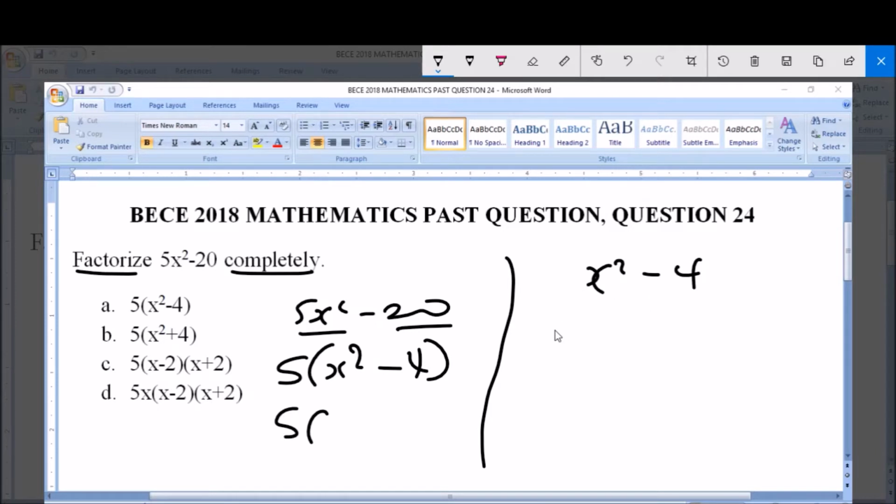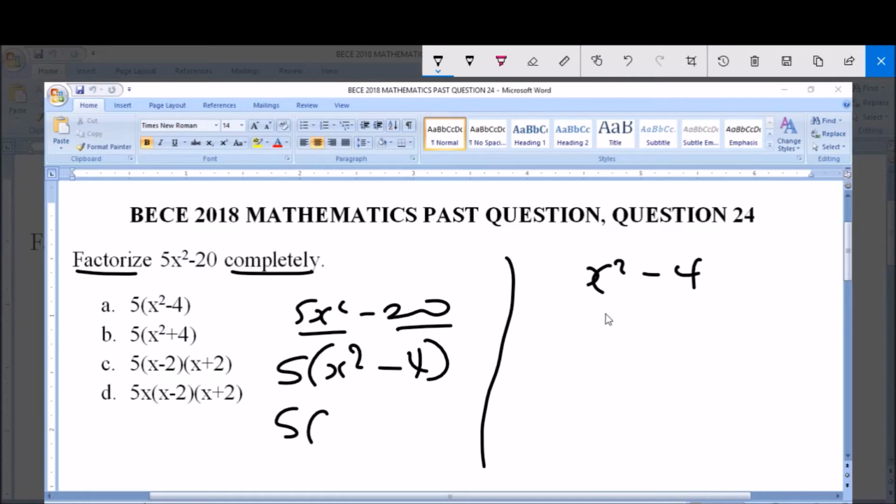Like I said, x squared simply means the square of x, and 4 here is a perfect square of the number 2. And to continue our factorization, we have to take note of the sign that is here. Remember, we have a negative sign here.